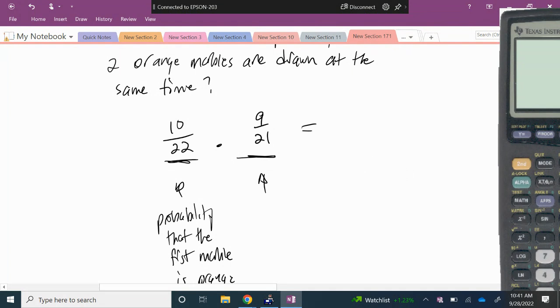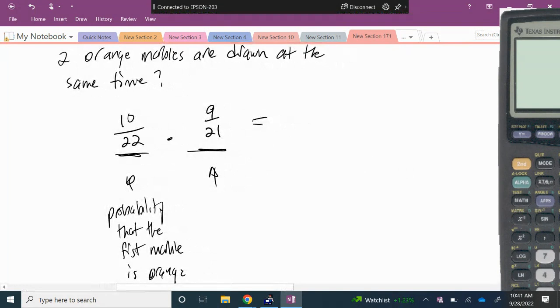To find this probability, I'm simply going to multiply the numerators. 10 times 9 is 90. I'm going to multiply the denominators. 22 times 21 is 462. And if you divide, I believe you get 0.195. Is everybody okay with that one?